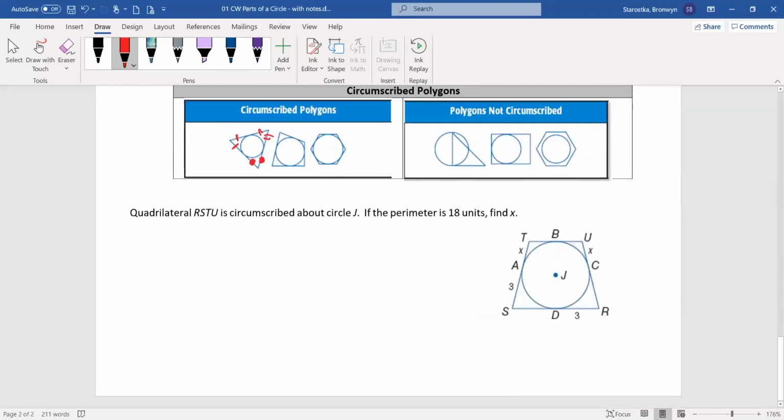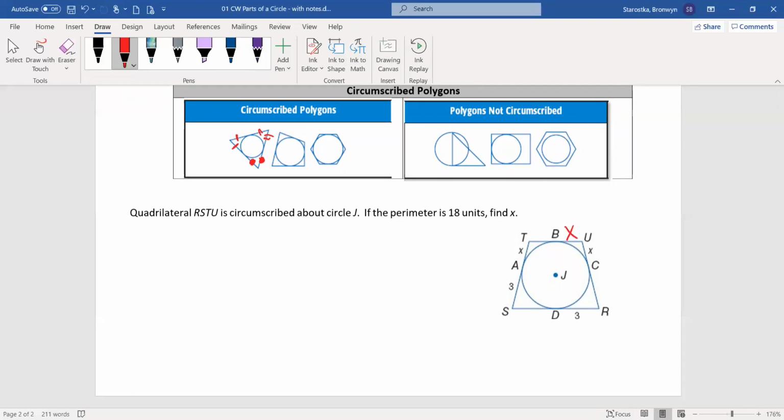And we know that all the segments are tangent, which means that UC and UB must equal the same thing. So we know UC is X, which means UB must also be X.